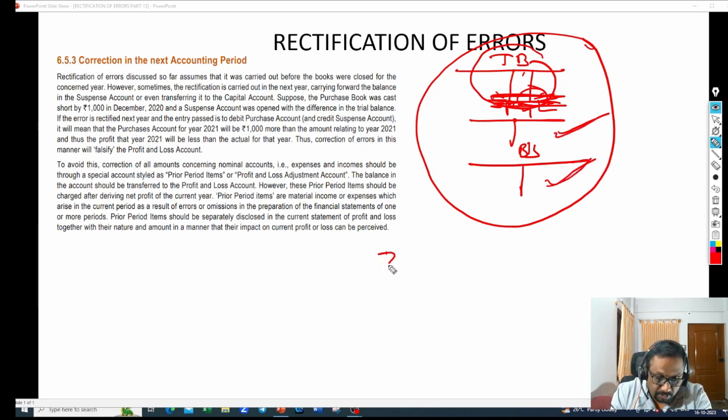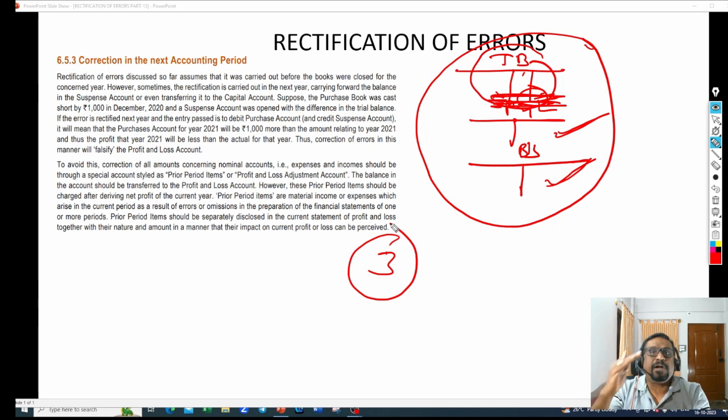That is the assumption you need to take in stage 3. What is the assumption? There is a difference in trial balance. If at all there are one-sided mistakes, those errors wouldn't have been identified, right? So the difference in trial balance would have been posted to suspense account, but that suspense account is still carried forward.